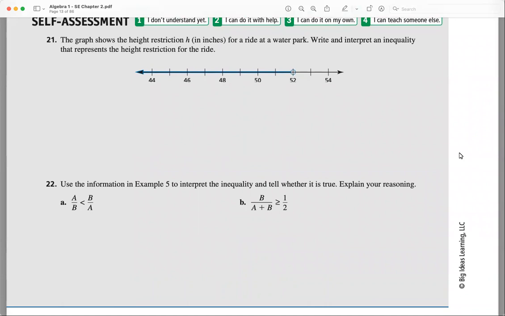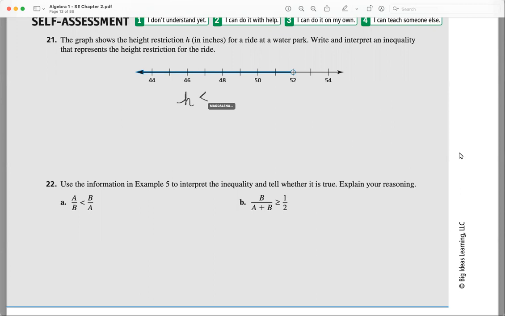Write and interpret an inequality that represents the height restriction. Okay, so it's an open circle, okay? And they're using the variable h. And it's an open circle.